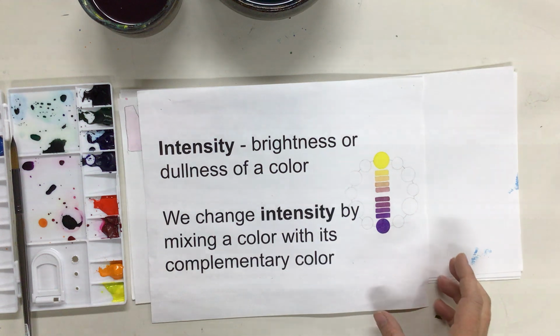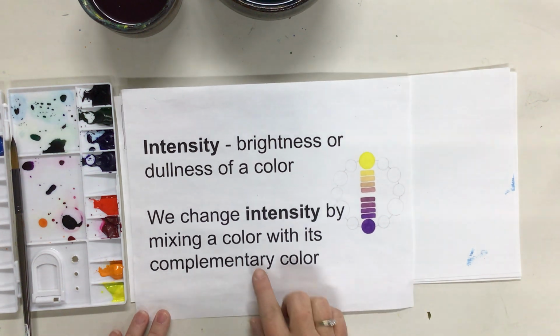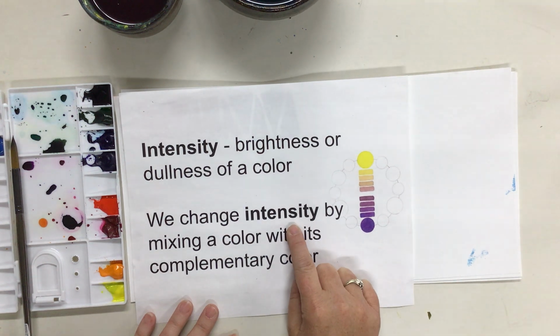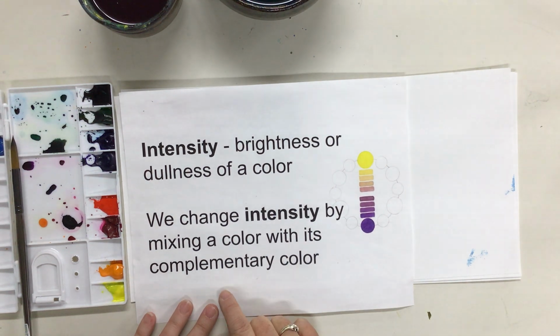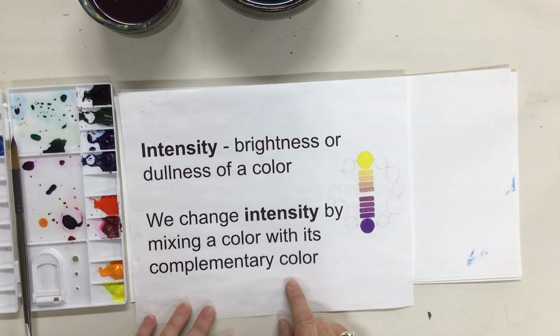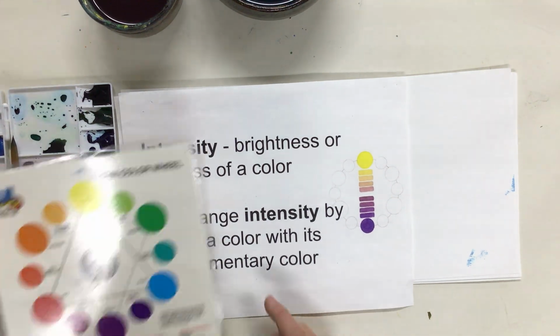So if we look specifically at intensity, we can see that we change intensity by mixing a color with its complementary color. Complementary colors are found across the color wheel from each other.